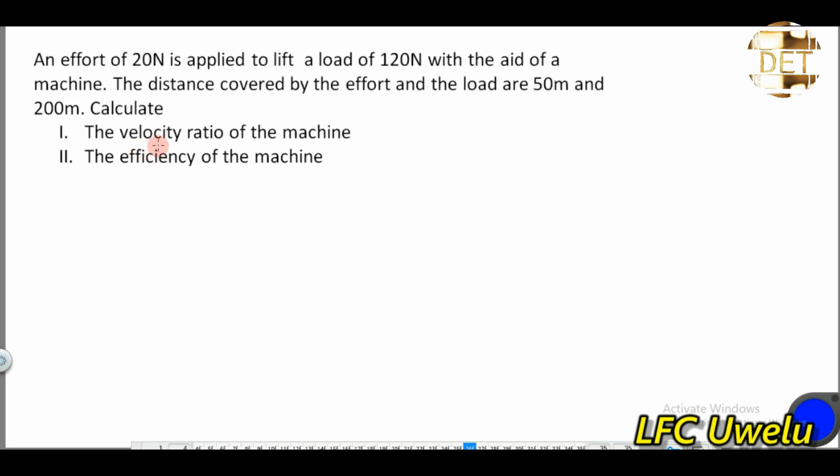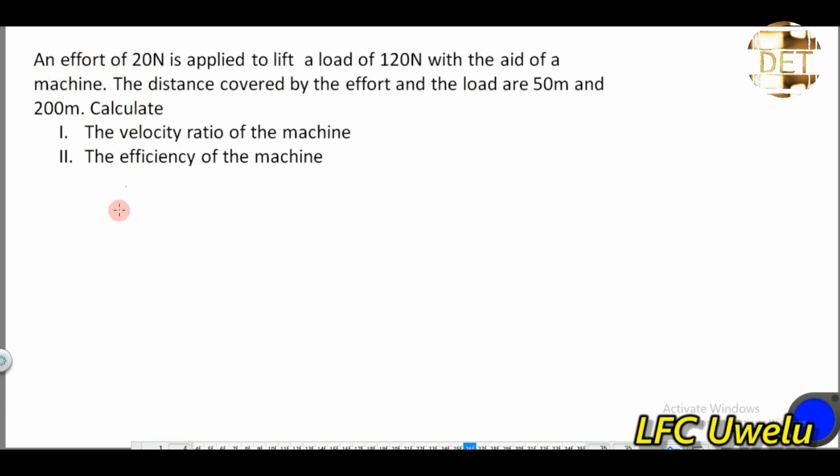So we're going to look at this question, and this will be the last question that we're going to look at in this video. The question is, an effort of 20 Newton is applied to lift a load of 120 Newton.